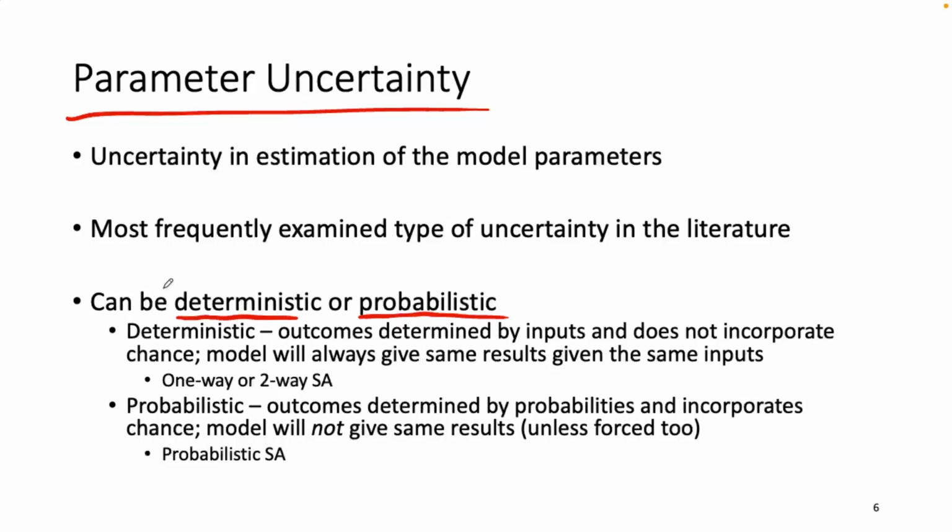In a deterministic sensitivity analysis, we're assuming no randomness. We're setting the parameter. There's no probability, no chance involved. Whereas in probabilistic analyses, there is randomness, there is chance. We're rolling the dice and seeing what happens.